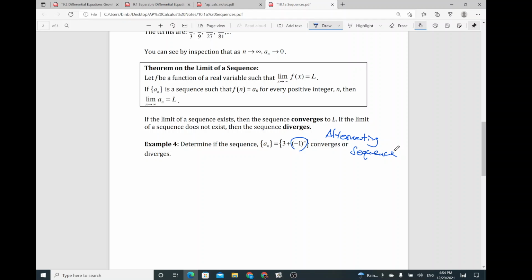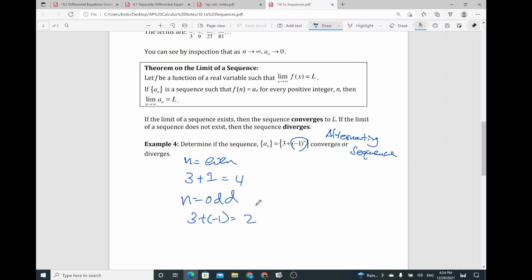Depending on the value of n, if n is an even number, then this is always 1, so 3 plus 1 is always 4. But what if n is odd? If n is odd, this number becomes negative 1, so 3 plus negative 1 is positive 2.